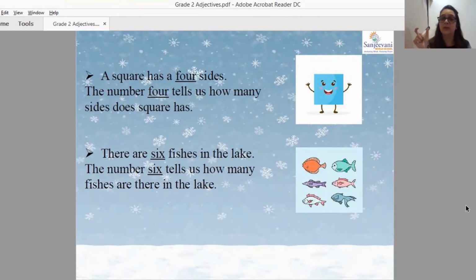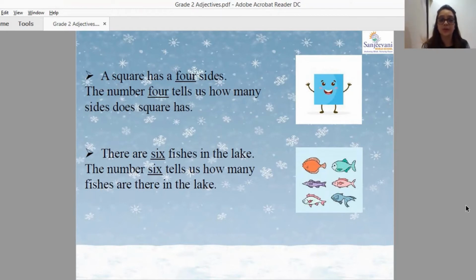So the number 3 would be the describing word. Similarly, here a square has 4 sides. It is telling more about the square. It is telling how many sides the square has. So 4. Next is there are 6 fishes in the lake.